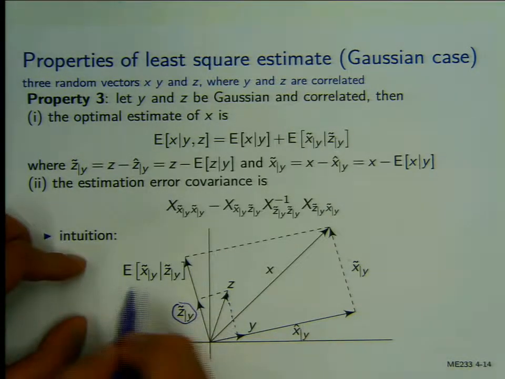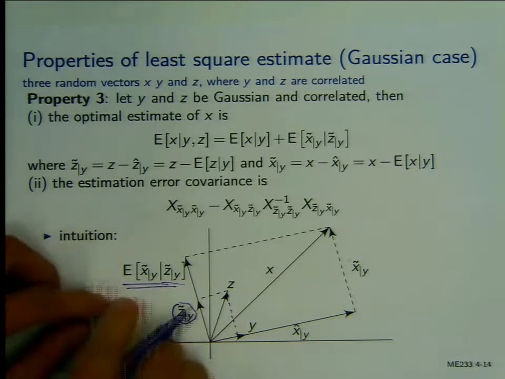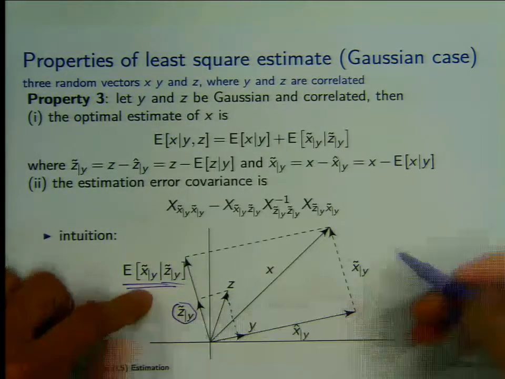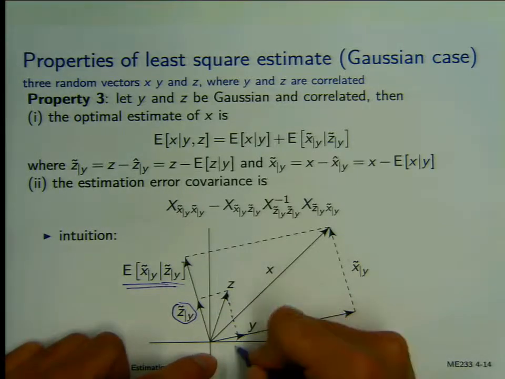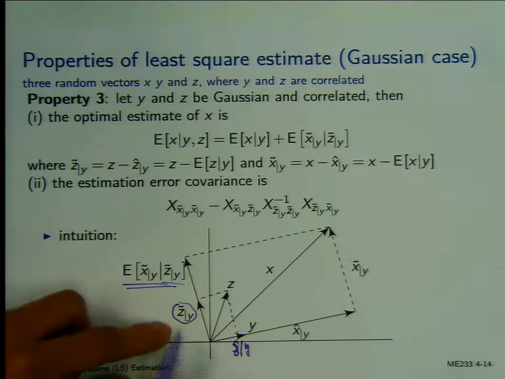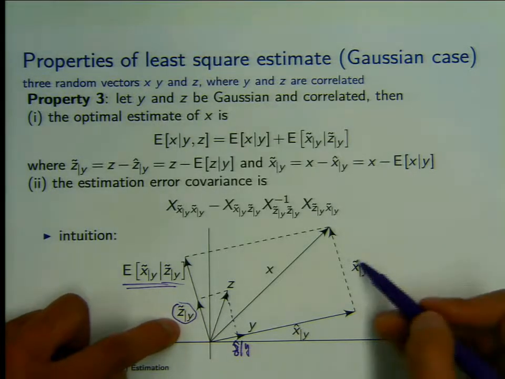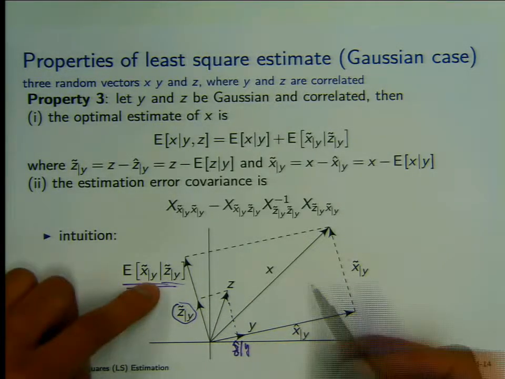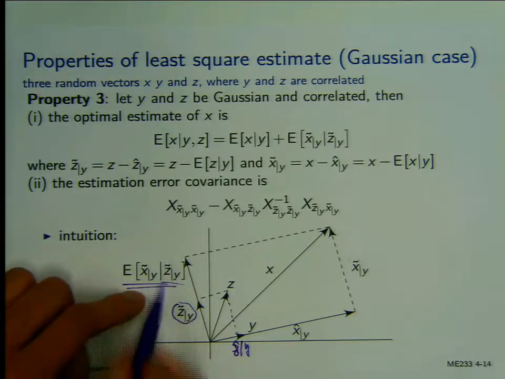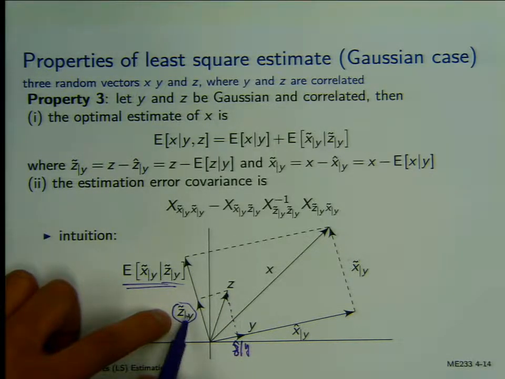Which is going to be the expectation of, look at the notation here. Yeah, I have to explain the notation here first. So z can be decomposed as z hat given y, which is here, plus z tilde, this is the error term, z tilde given y. And then if I want to do a projection of this guy onto this line, it's just going to be the expected value of this conditioned on this information here.